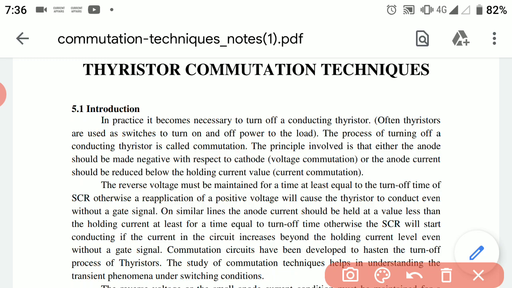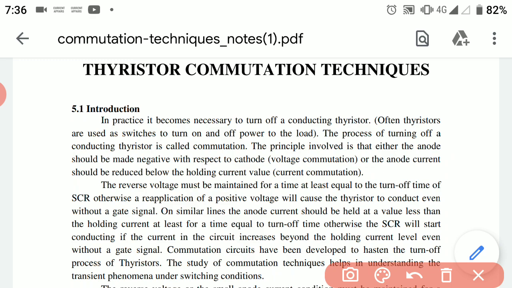The basic method is to make the anode of the thyristor negative with respect to the cathode. This is also known as voltage commutation.